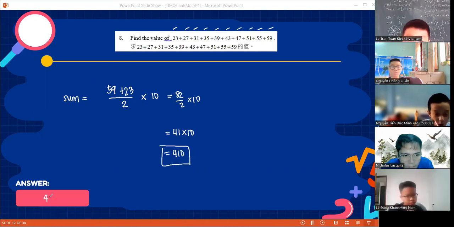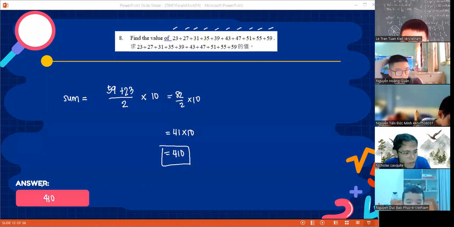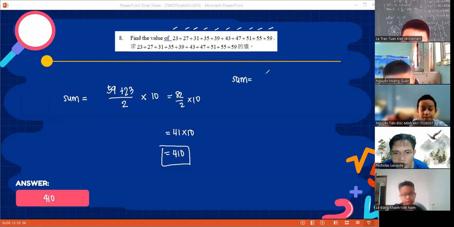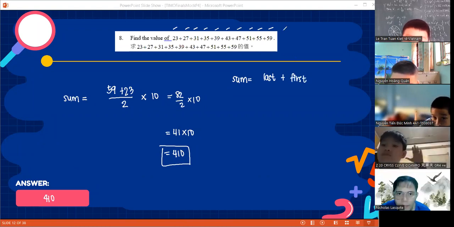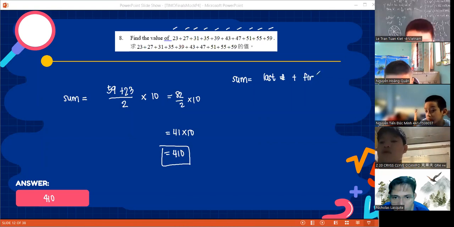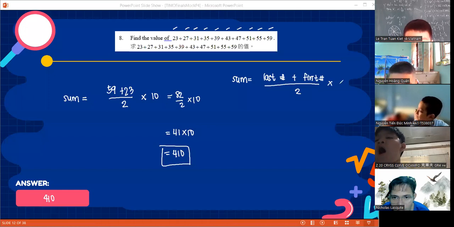Teacher, my solution was not like that. How did you solve this one? I used Gaussian addition. The Gaussian addition, actually, is the same. You can have a sum which is the last number plus the first number, divided by 2 and then times the number of terms.